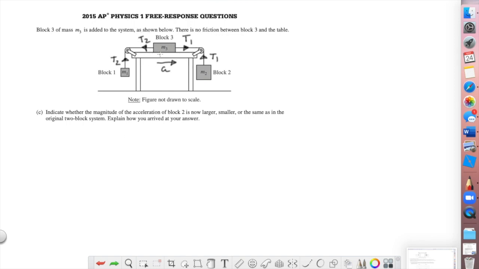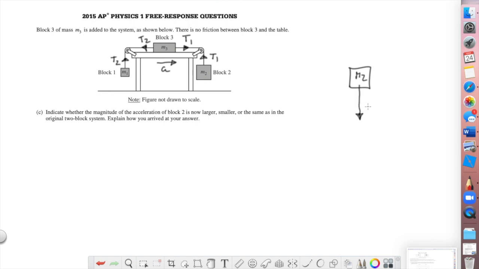Okay, so what's the question? Indicate whether the magnitude of the acceleration of block 2 is now larger, smaller, or the same as it was in the original system. Okay, so focusing on block number 2, here's M2.